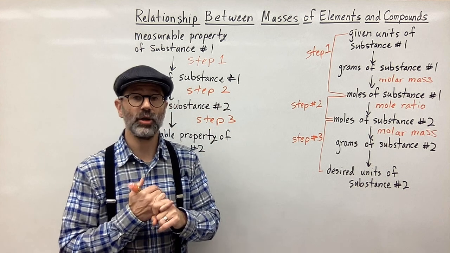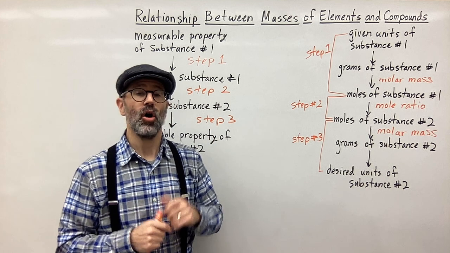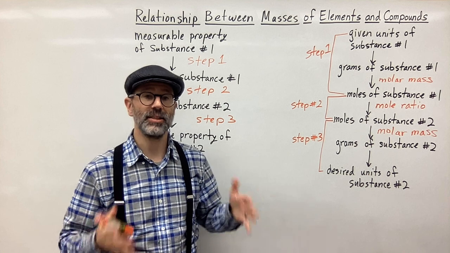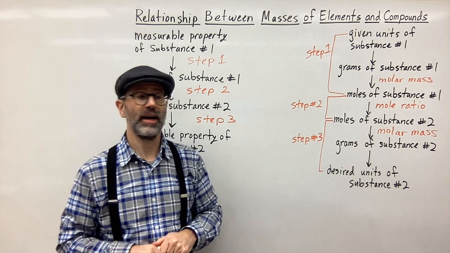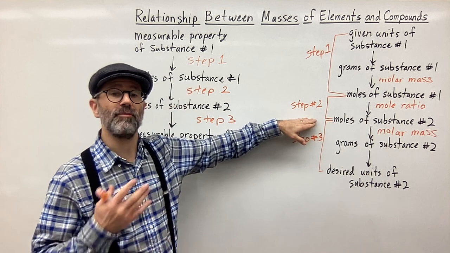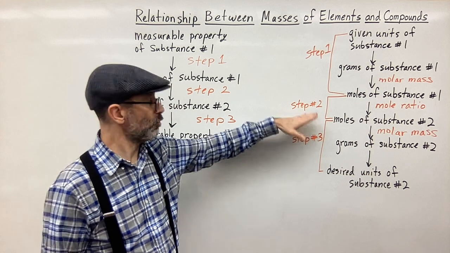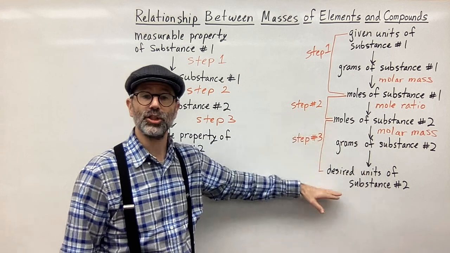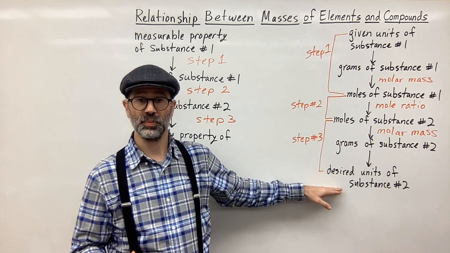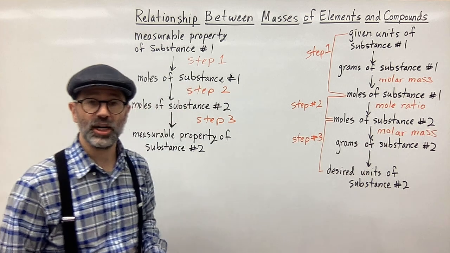That mole ratio can come from the formula, which we're talking about in this video, or, if you're doing stoichiometry, from a balanced chemical equation. That's step 2. Step 3, once you have moles of substance number 2, you use conversion factors to get to whatever desired unit they want. So those are the 3 general steps.